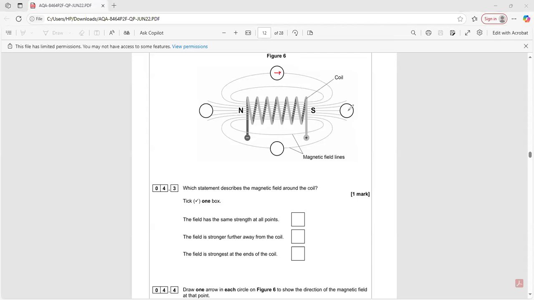The arrow will point in this direction for this one. The arrow will point in this direction for this guy. The arrow will point in this direction for this guy. Do you agree with that? Yes. Okay.